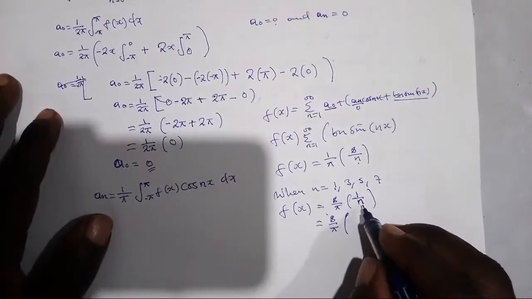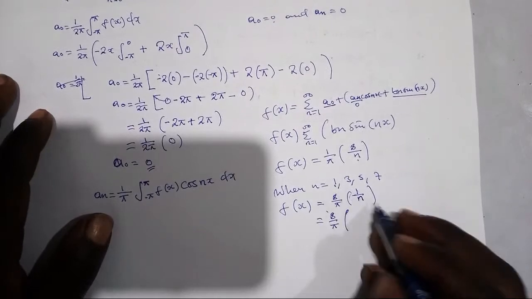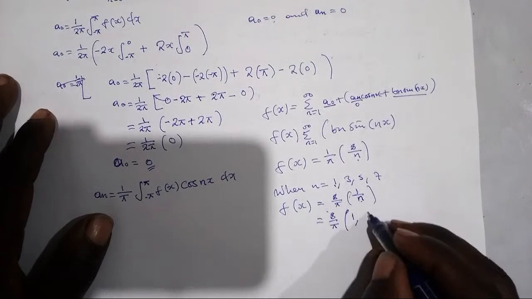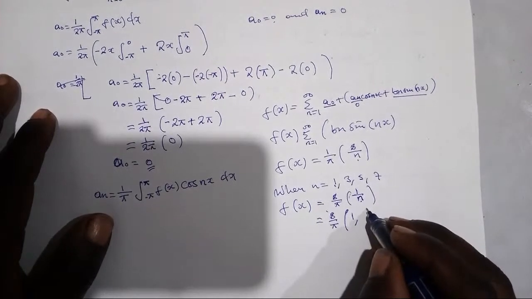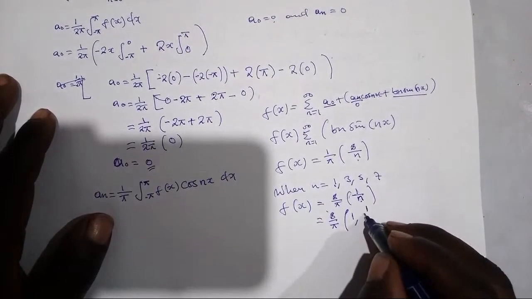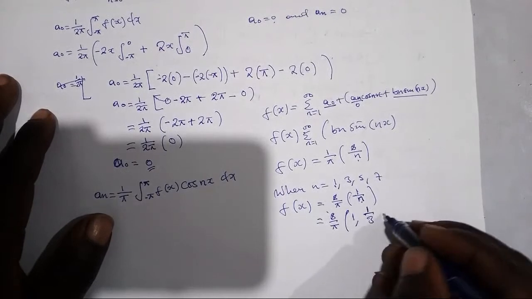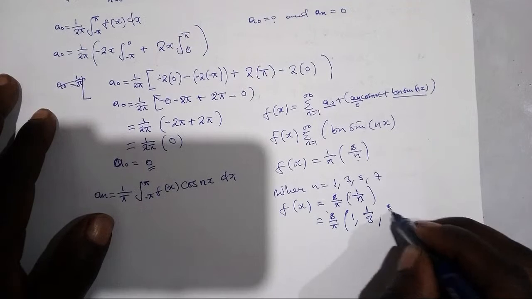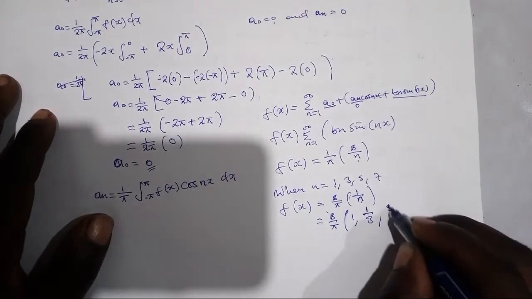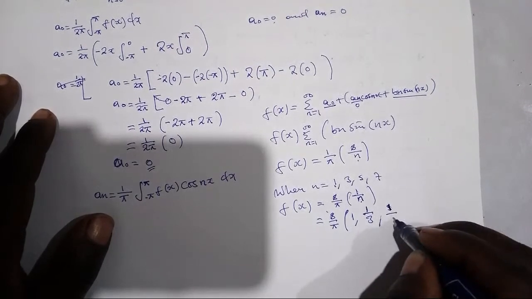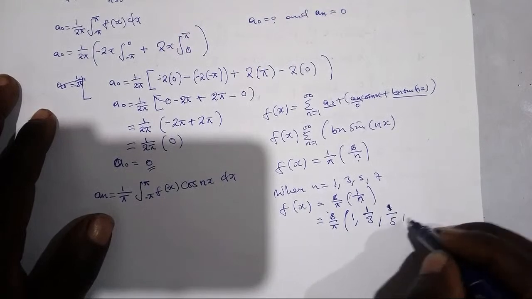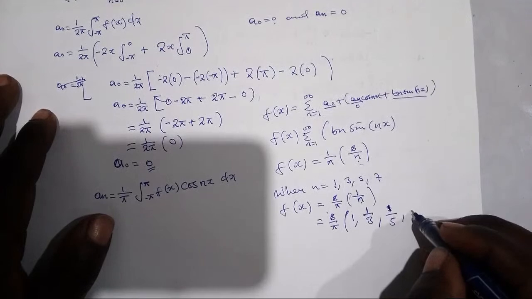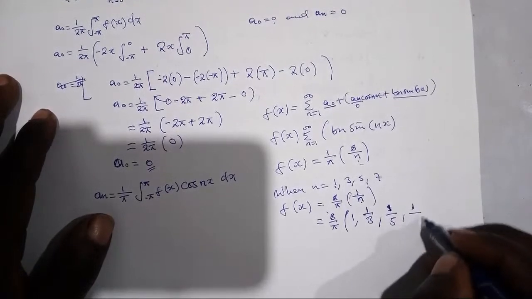When you substitute n here with 1, you're going to have 1, then comma. When you substitute 3, you're going to have 1 over 3. When you substitute with 5, you're going to have 1 over 5, okay? Then when you substitute with the 7, where there's n, you're going to have 1 over 7.